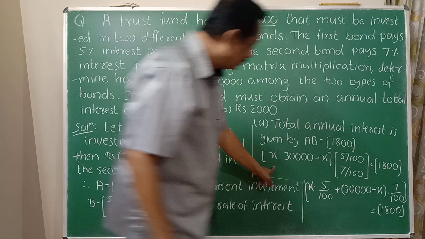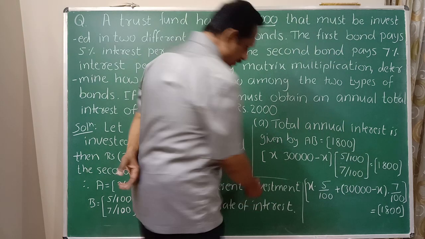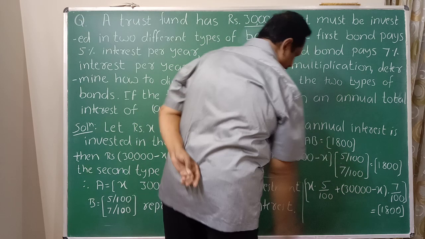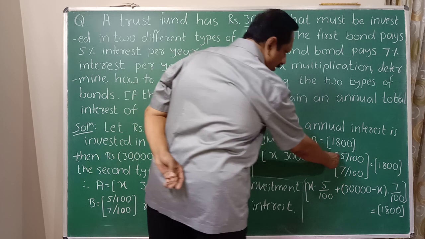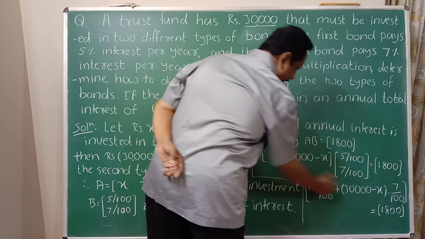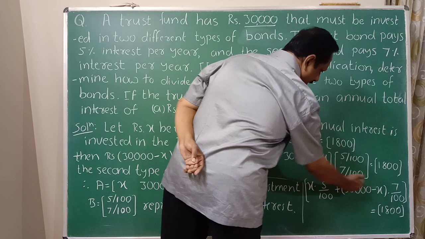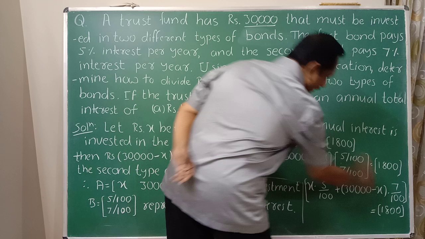You know matrix multiplication: just multiply the row with the column. Hence X into 5 divided by 100 plus (30,000 minus X) into 7 divided by 100 is equal to 1,800.